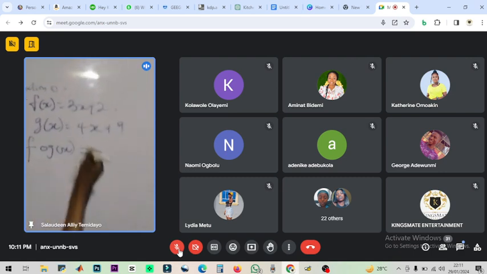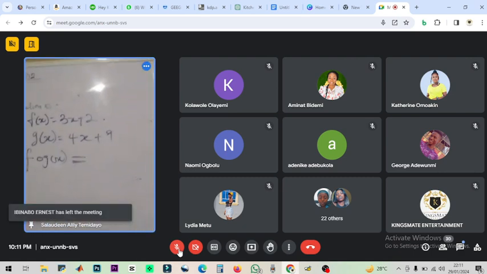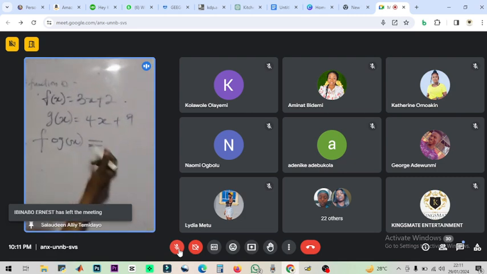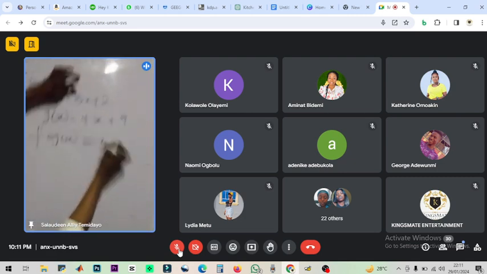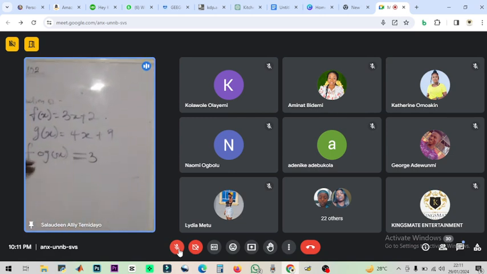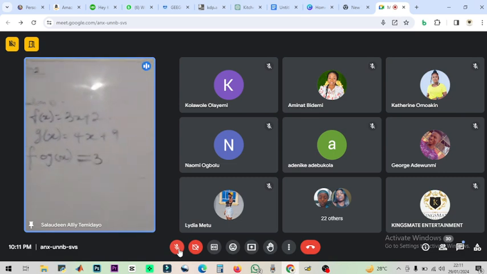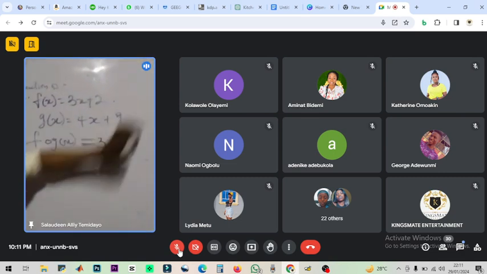So this is 3x plus 2. Instead of writing that x, I'm going to write the whole of g of x.